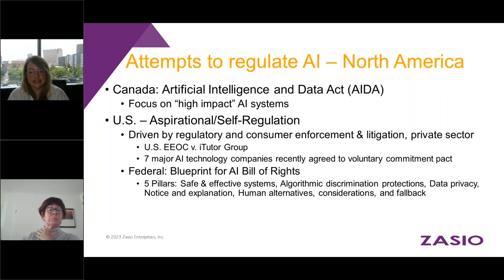We have this case, for example, and this decision just came out this month, in August. It was a case brought forth by the Equal Employment Opportunity Commission, a U.S. agency, against iTutor Group. This was software that was available and is available, a recruitment software.